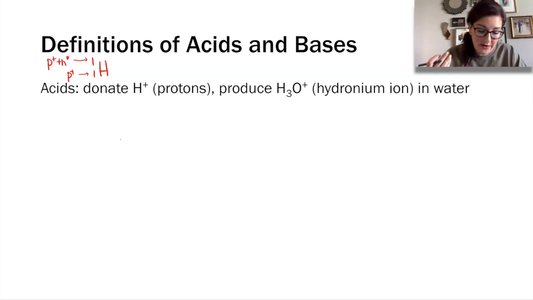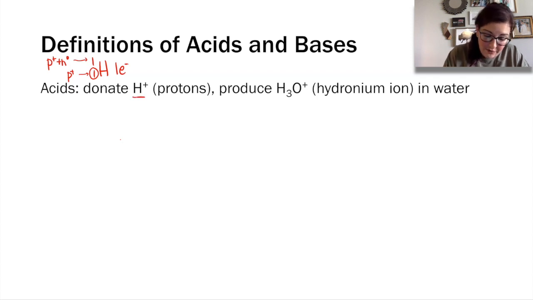Okay, so if there's one proton and the sum of the protons and the neutrons is 1, that means it has 0 neutrons. So the hydrogen atom, when it's neutral, if it has one proton, it must also have one electron. Remember those are equal when the charge is neutral.